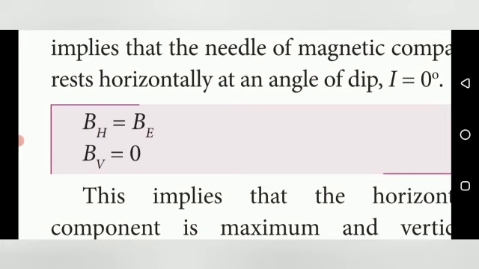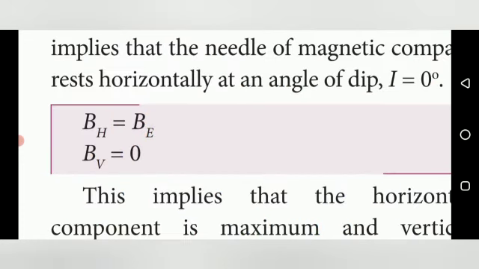Substitute into the two components: BH is equal to BE cos I. At I equal to 0, cos 0 is 1 and sin 0 is 0. So BH is equal to BE at the equator region, and BV is equal to 0. This implies the horizontal component is maximum at the equator and the vertical component is 0.